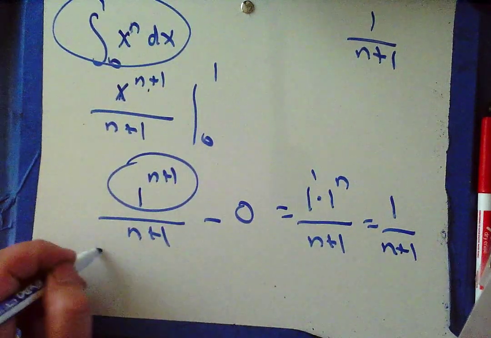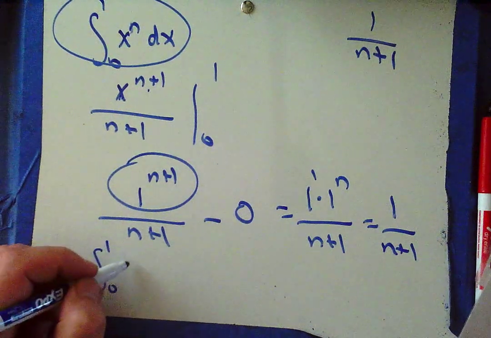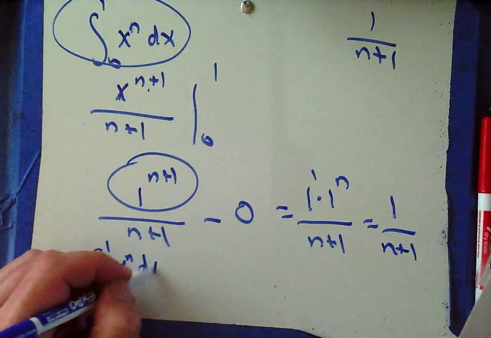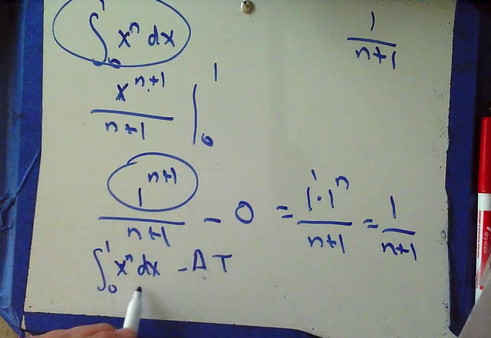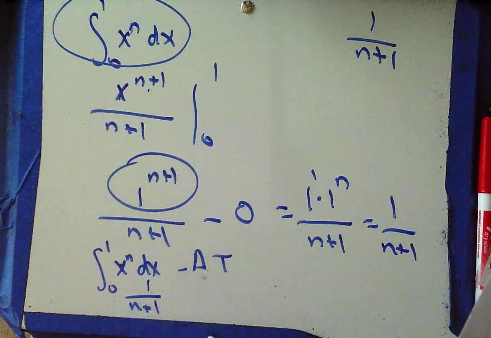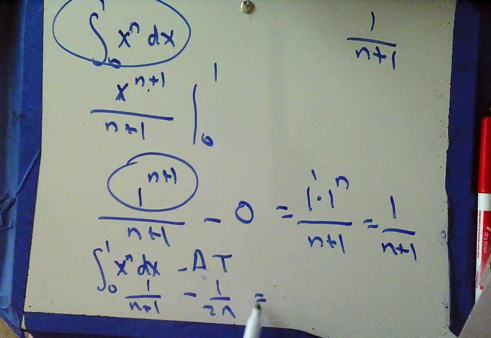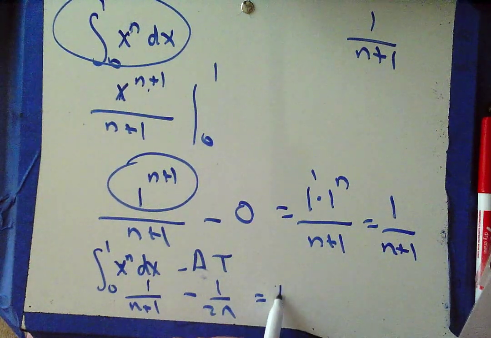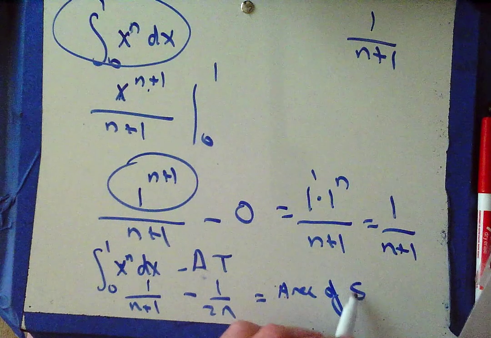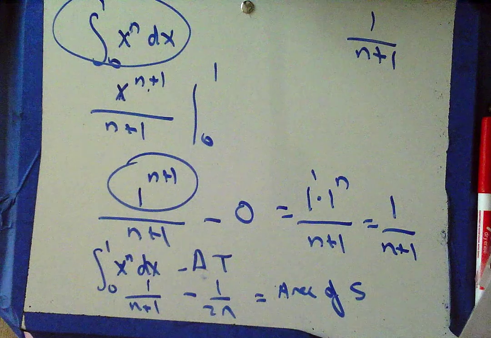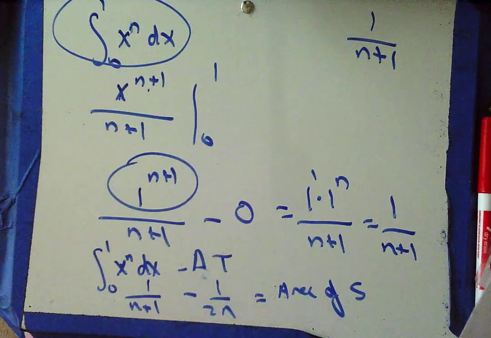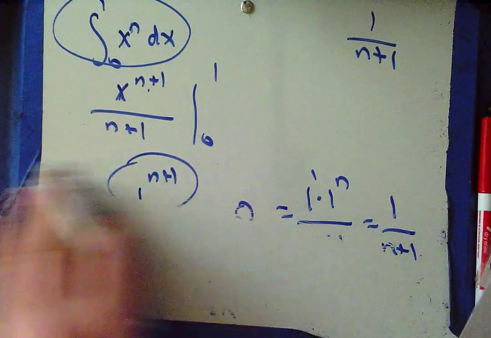So then when it comes time to do the integral from 0 to 1 of x to the n dx minus the area of T, this makes sense to me now that that's 1 over n plus 1 minus 1 over 2n. There's my area of S function, and that's the thing that we took the derivative of to find the maximum of S. Okay, that's AP9.